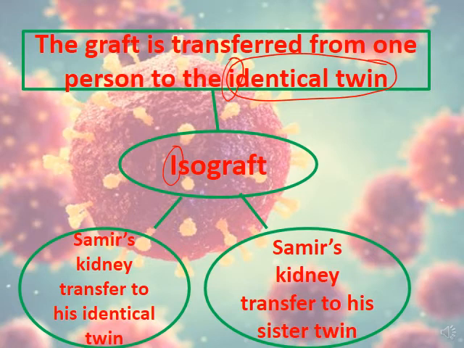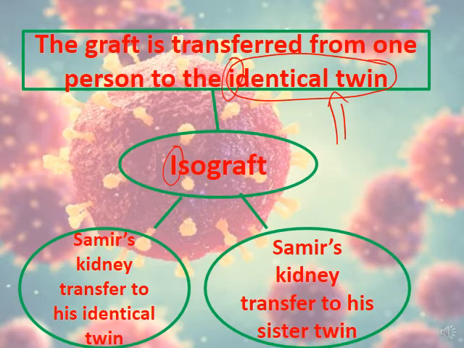Identical twin, isograft. Here, Samir's kidney is transferred to his identical twin, maybe called Fadi, for example. So an isograft is the graft that is done between two identical twins. This is an example. Non-example: Samir's kidney transferred to his sister twin.